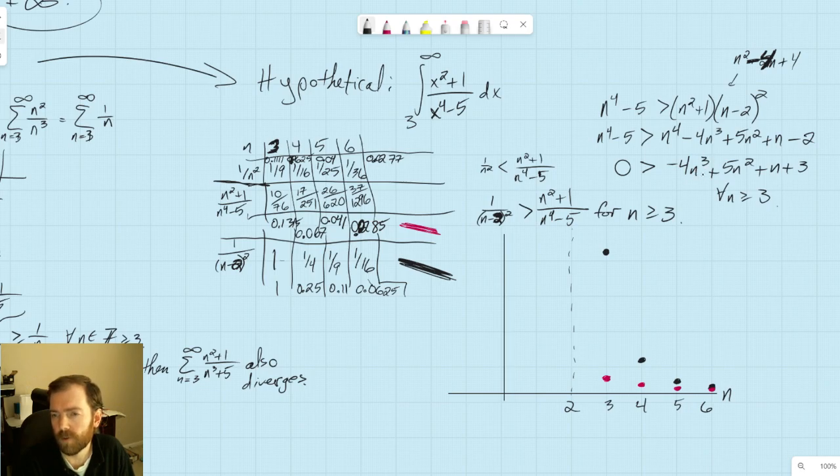So if we plug in 3 into this thing, n cubed is 27 times 4. So that's 98. Nope, it's bigger than that, isn't it? Yeah, 108... no, 118.